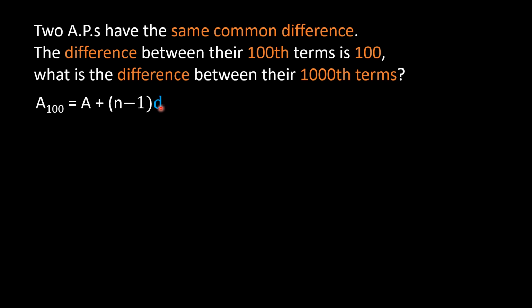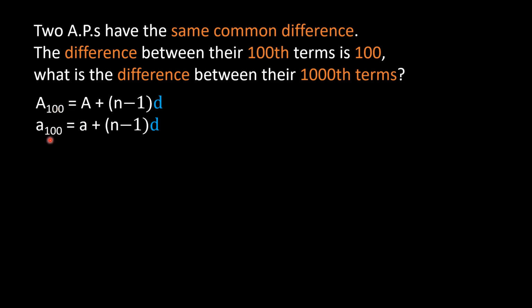Here n and D will not change because they are the same for both the A.P.s. For the second A.P., we write small a100 equals small a plus n minus 1 into D. Now the difference between the 100th terms is 100.